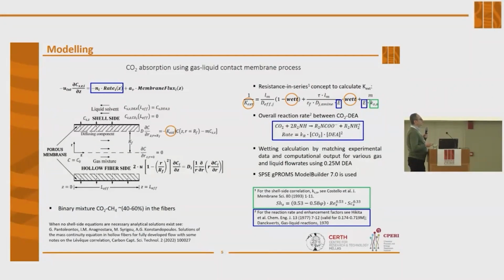We have a mass continuity equation and a symmetry boundary condition, and in countercurrent mode we need a 1D mass transfer equation in the cell side, which includes the reaction rate between carbon dioxide and the ethanolamine.